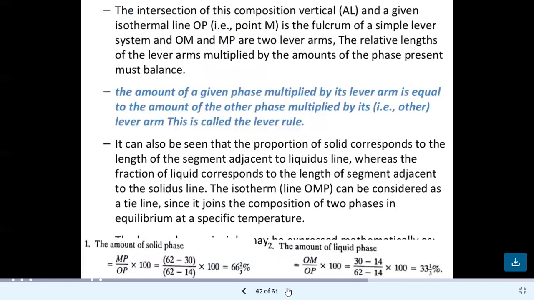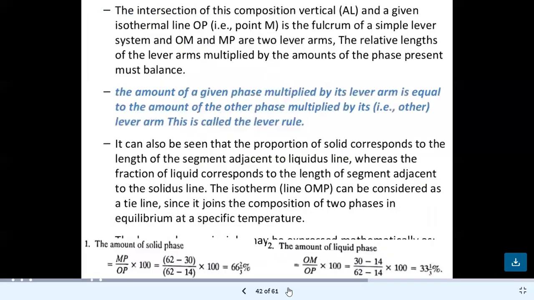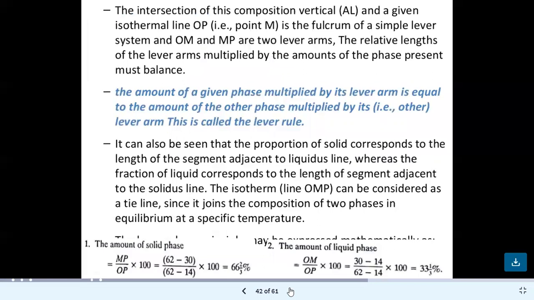The intersection of this composition vertical AL and given isothermal line OP, that is point M, is the fulcrum of a simple lever system, and OM and MP are two lever arms. Okay, this is called the fulcrum, and OM and MP become the arms.